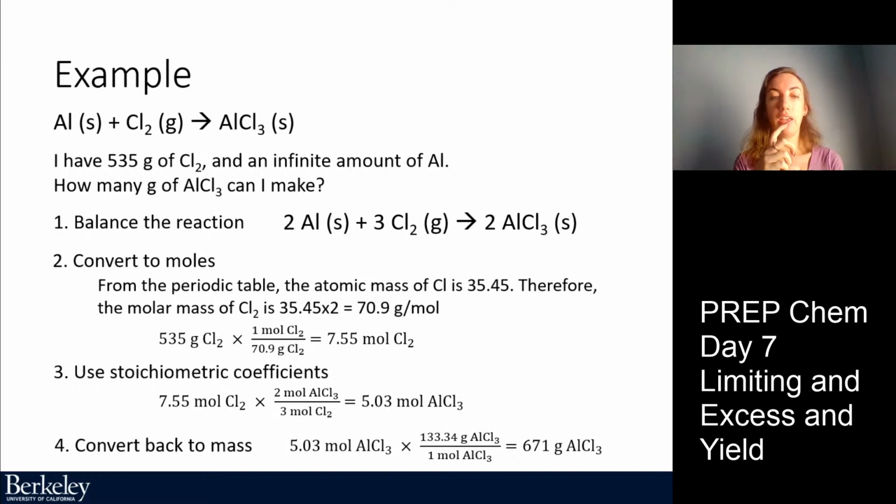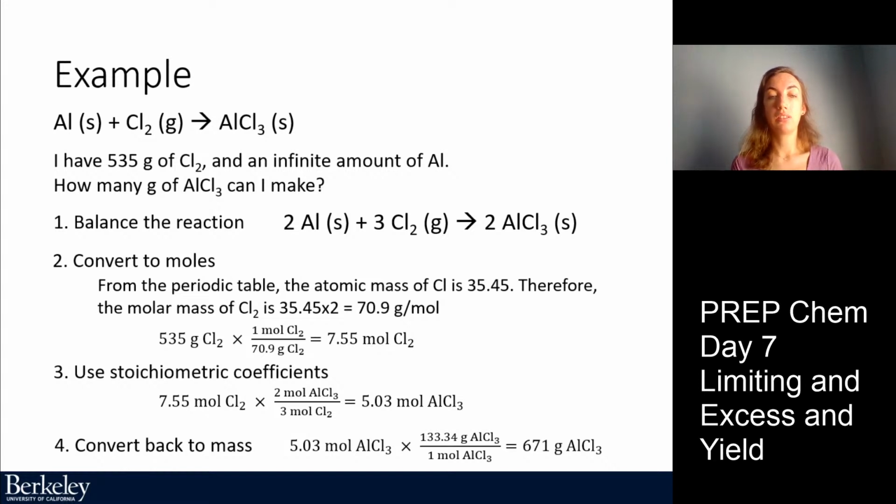So if I want to make 2 moles of AlCl3, that means I need to use up 3 moles of Cl2. So what I'm trying to find here is if I use up 7.55 moles of Cl2, how many moles of AlCl3 can I make?